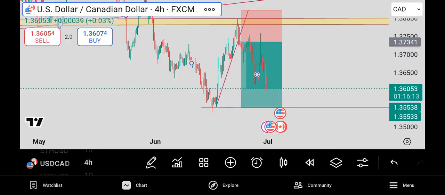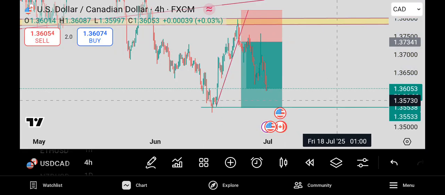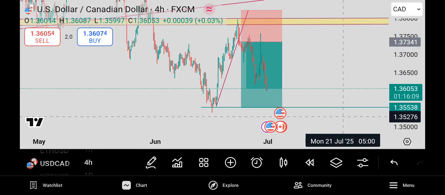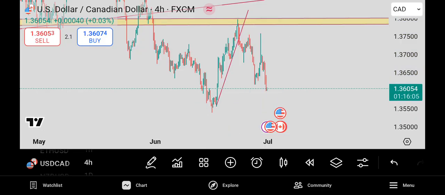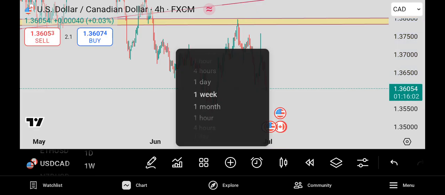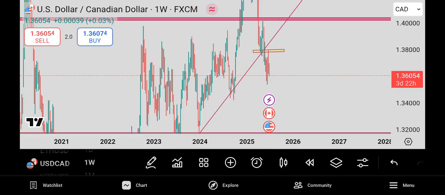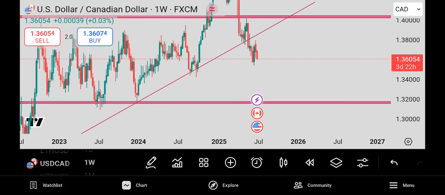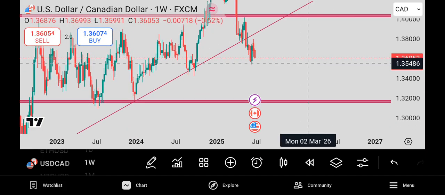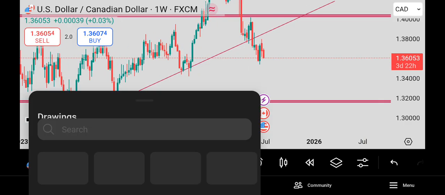So if this market actually goes below this, what is the next step? That is the question. Let me go back to the weekly time frame to tell you the next step. Now, if this market comes and clears that low, the next point will be this place.